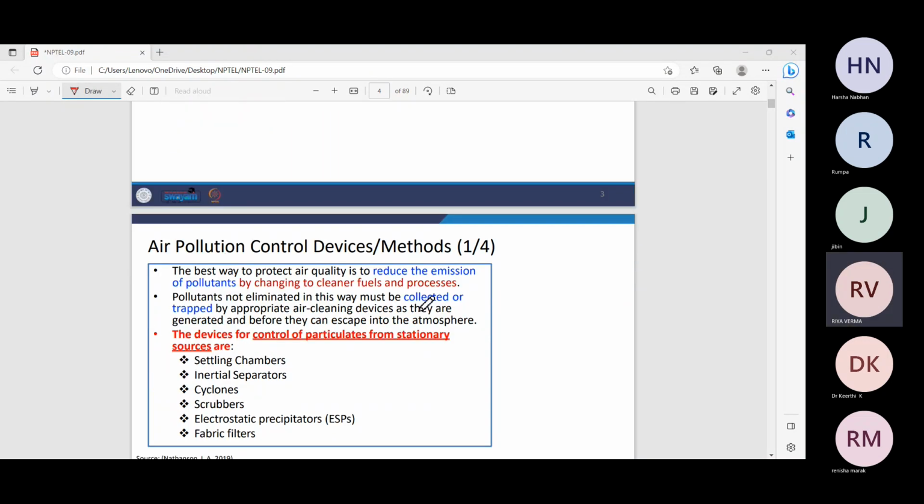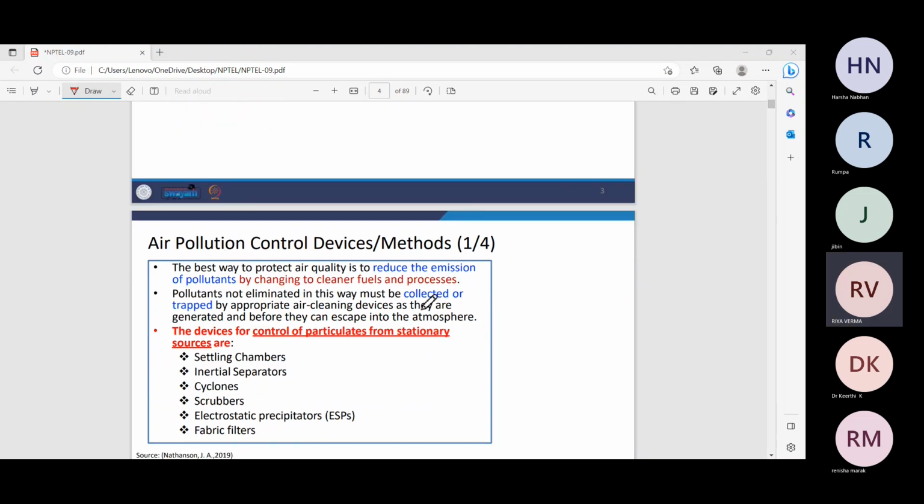So basically, when talking about the maintenance of air quality, when we have to maintain a certain level of air quality, the best way is to reduce the emission of the pollutants.